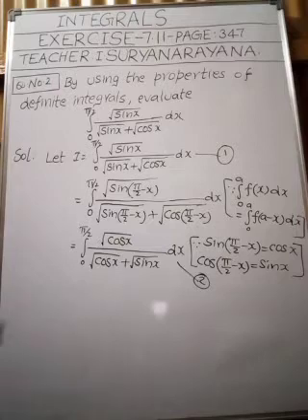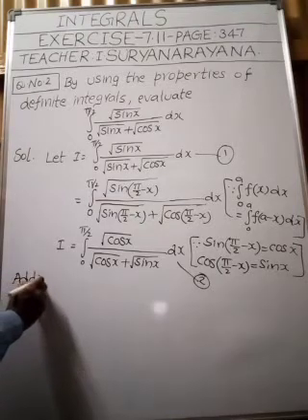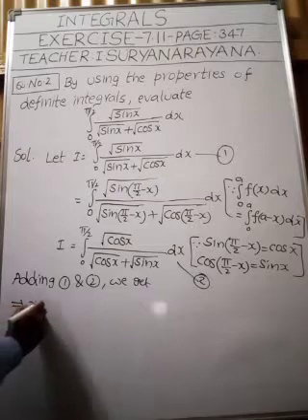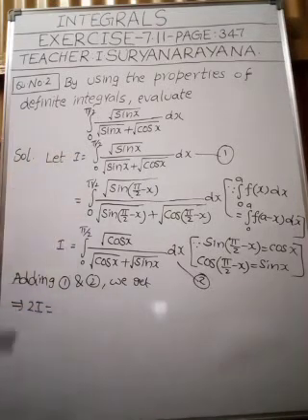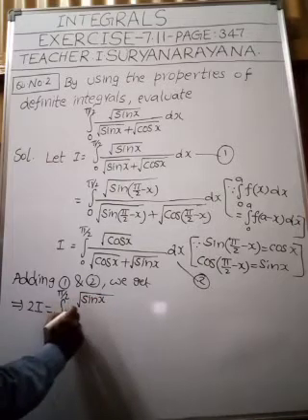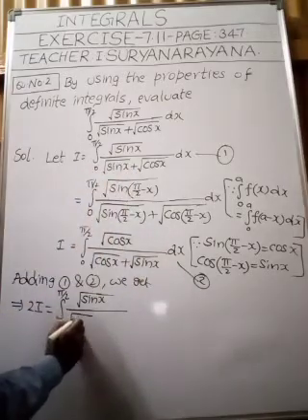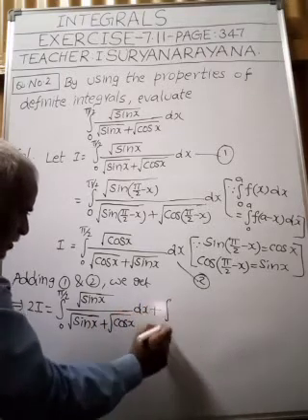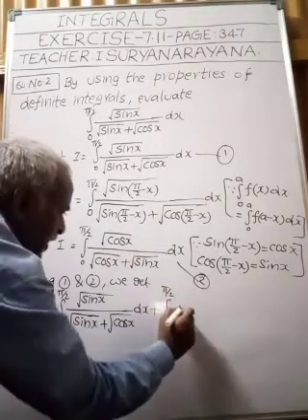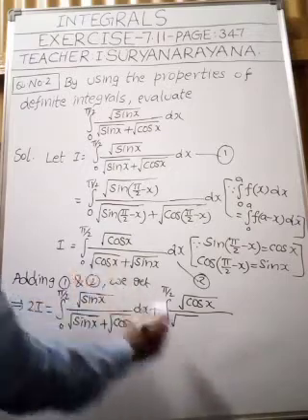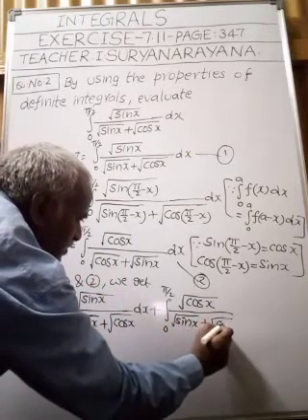Now let us add 1 and 2. All these are equal to I. So adding 1 and 2, we get 2I is equal to I plus I. We get 2I is equal to the integral from 0 to pi by 2 of root sin x by root sin x plus root cos x, plus the integral from 0 to pi by 2 of root cos x by, I will write in the reverse order, root sin x plus root cos x dx.